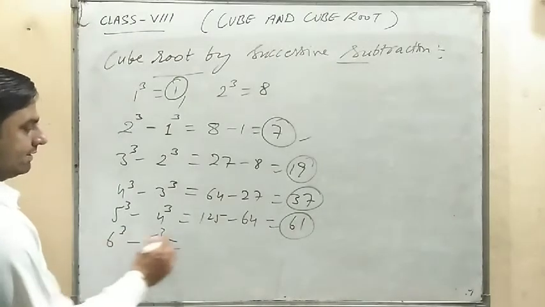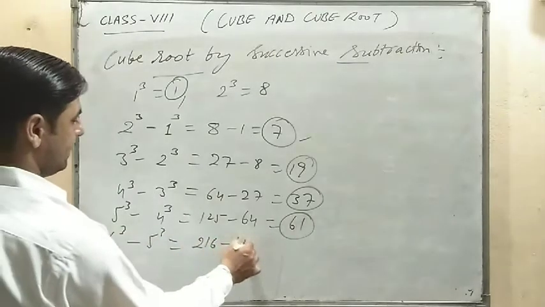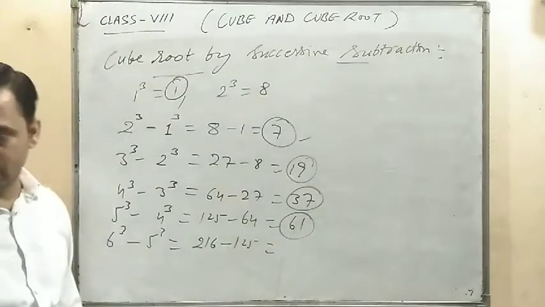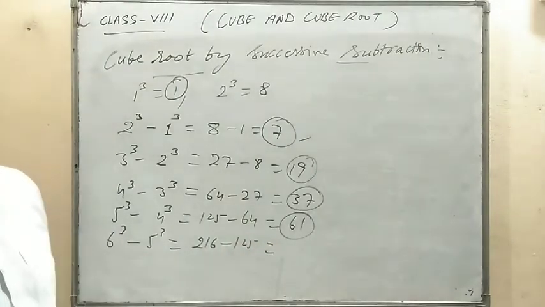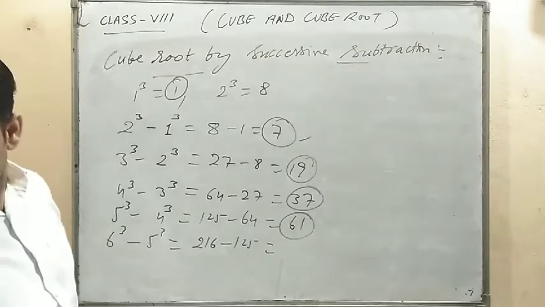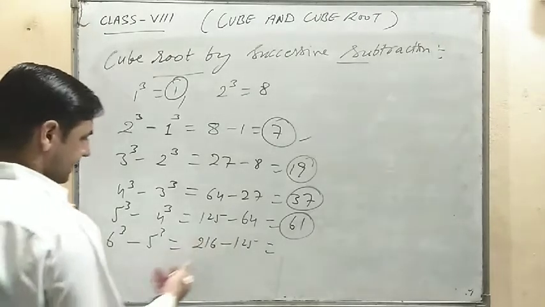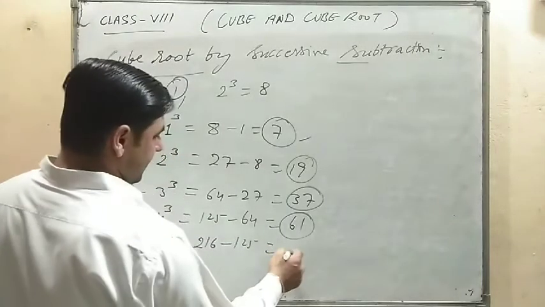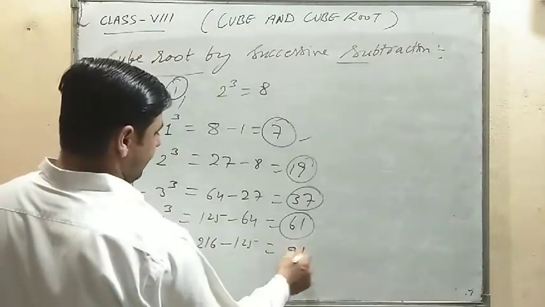Its meaning is 216 minus 125, so it is equal to 91.